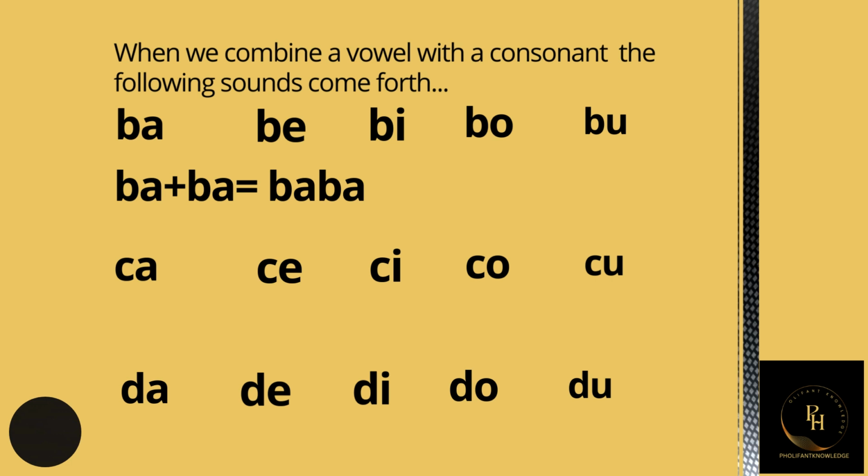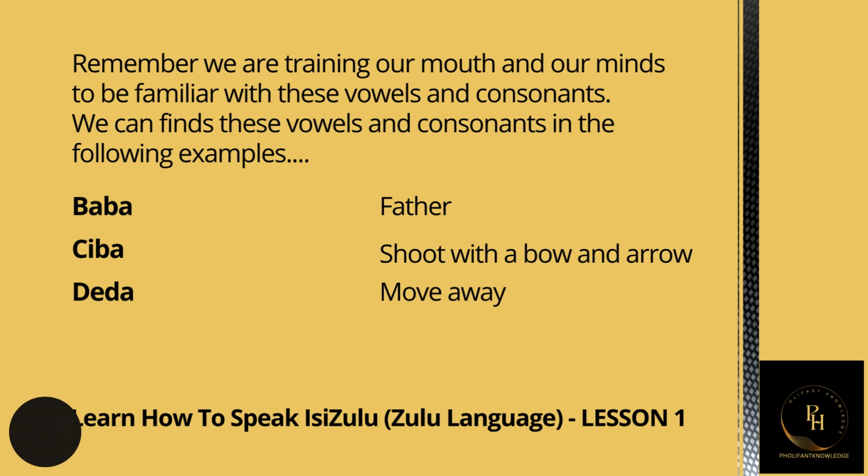So it is da, de, di, do, du. Okay, I think you are going to catch it as we continue with our lessons. So remember, we are training our mouth and minds to be familiar with these vowels and consonants, so we can find them in the following lessons.